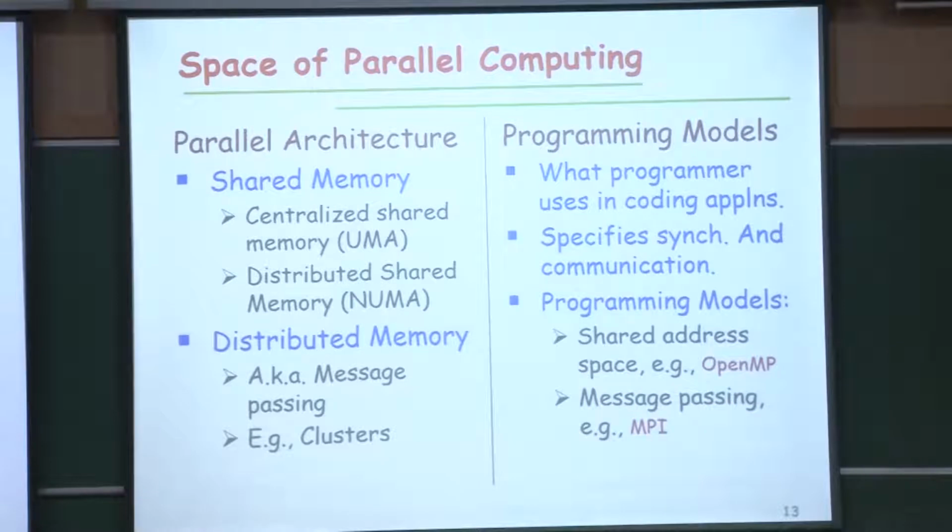But from a programming model perspective, when a programmer writes a program to run on these machines, he could either write a shared memory program or a distributed memory program. Again, there are two possibilities.